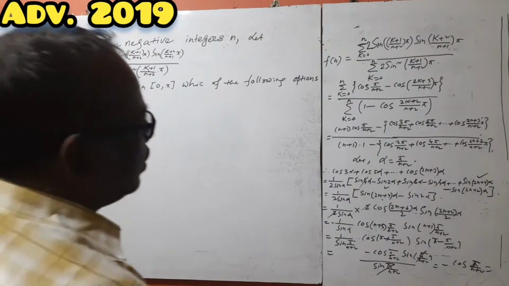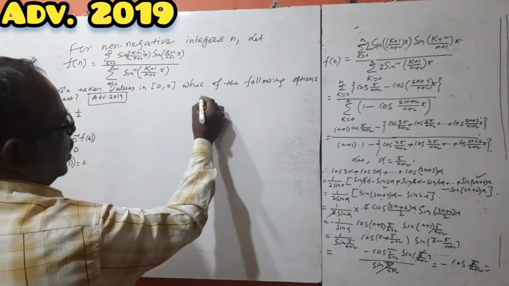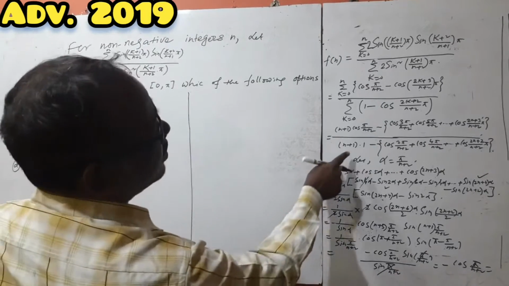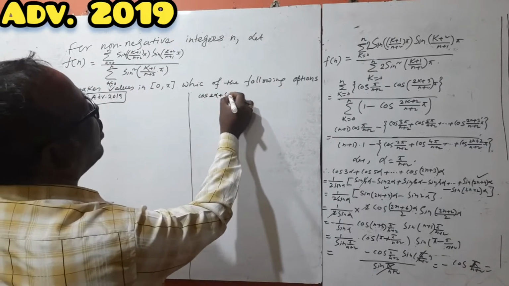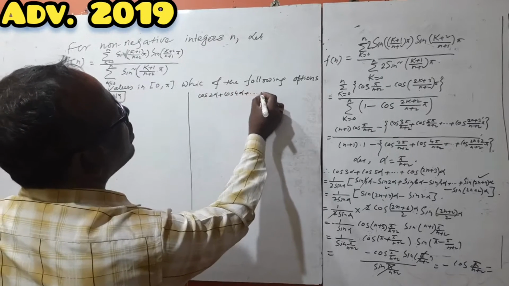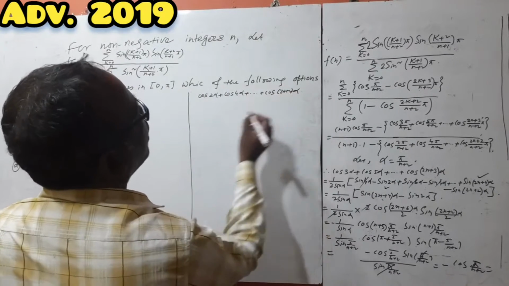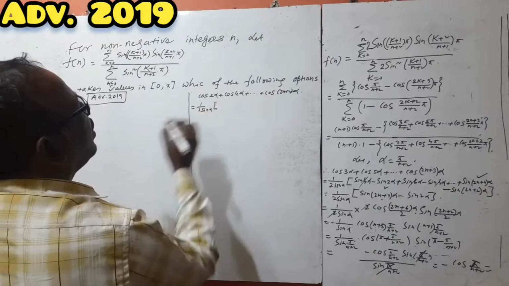and now for this expression, this is cos 2 alpha, cos 4 alpha, and so on up to cos (2n+2) into alpha, times 1 by 2 sine alpha.